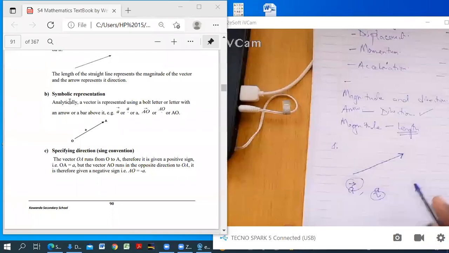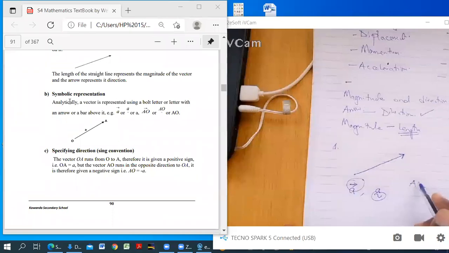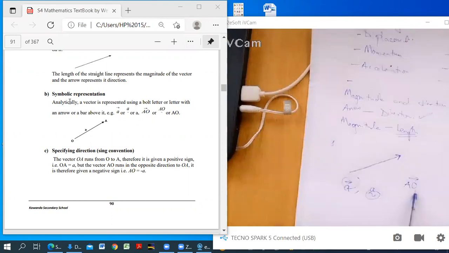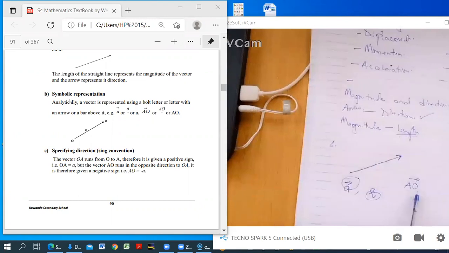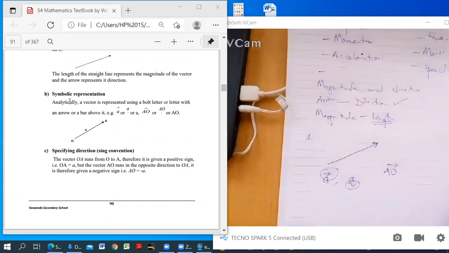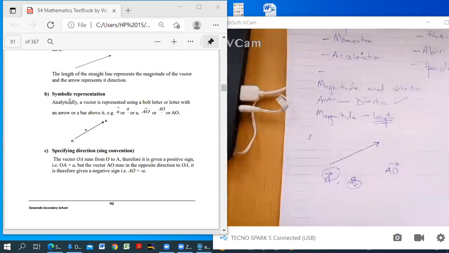Yes. So I can write A like that, which means this vector is moving from, when you see this one, AO, it means we are moving from A to O, or to point O. Put that down.